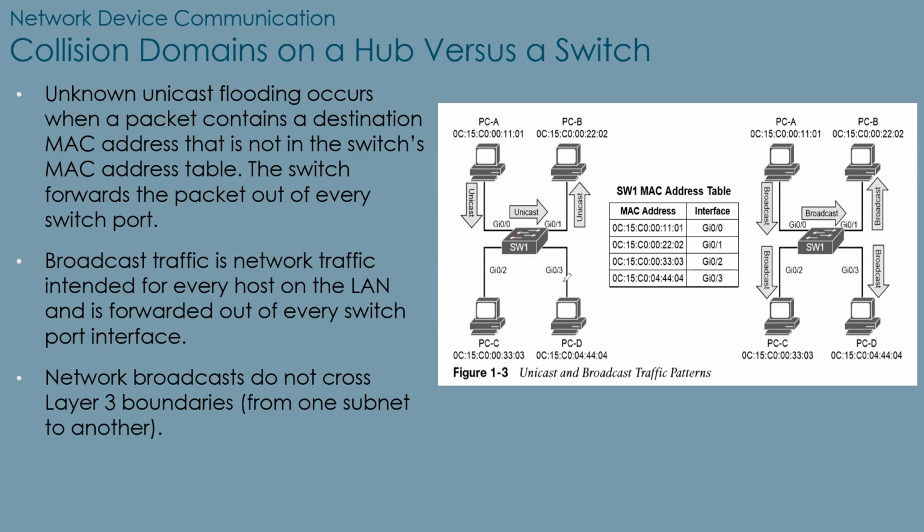And when the PC sends the frame the first time, obviously it has its own MAC address, and in that frame it has the destination MAC address as well. But the first time, maybe the switch doesn't know the destination, so it can do the broadcast.